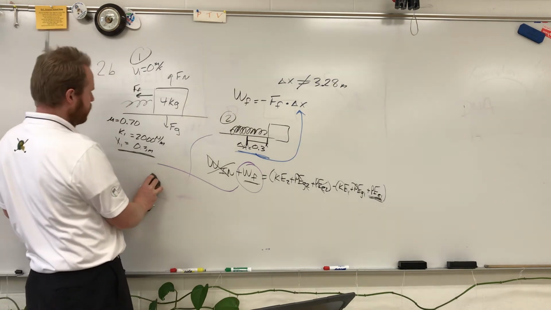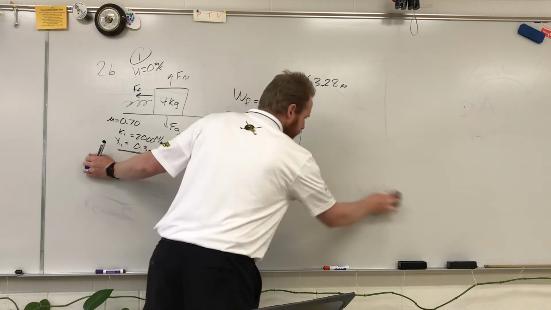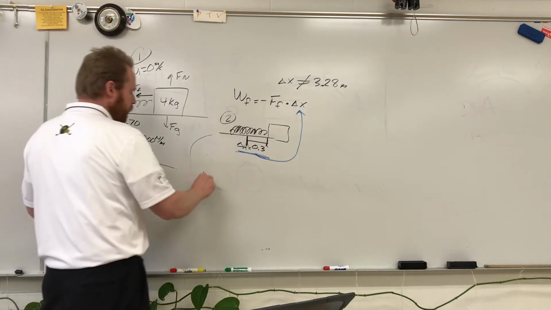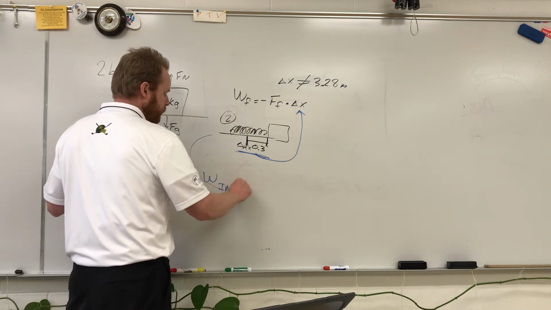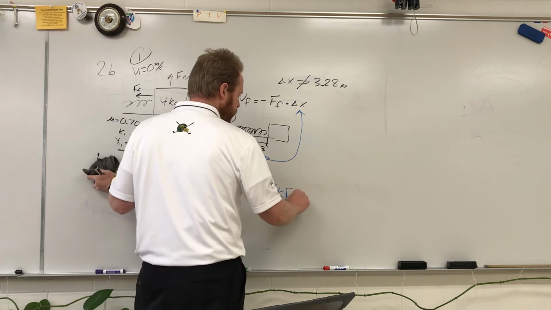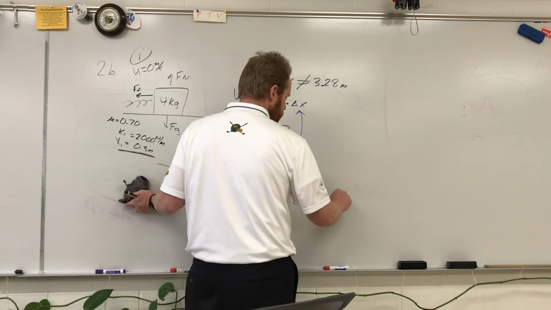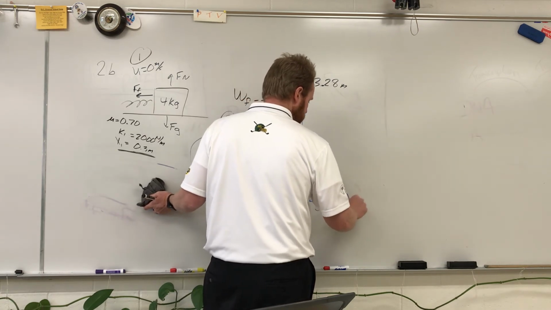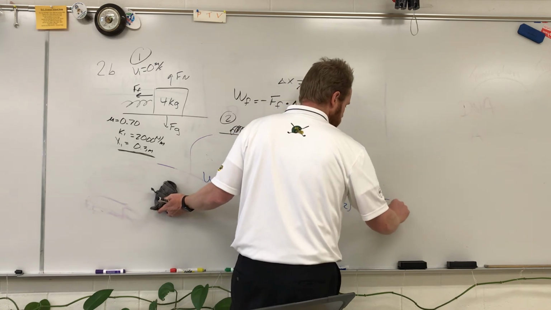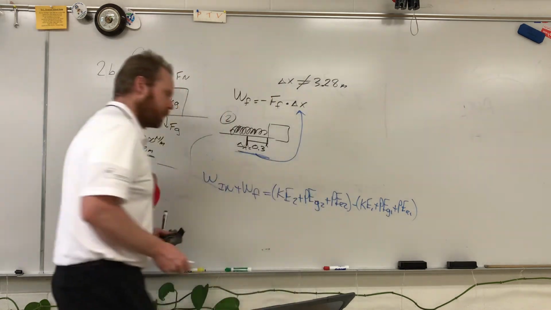Let me get rid of a couple of things from the earlier part. Okay? So when we talk about the work done by friction in our work in plus work done by friction is equal to all the expanded out stuff, okay, something like that.